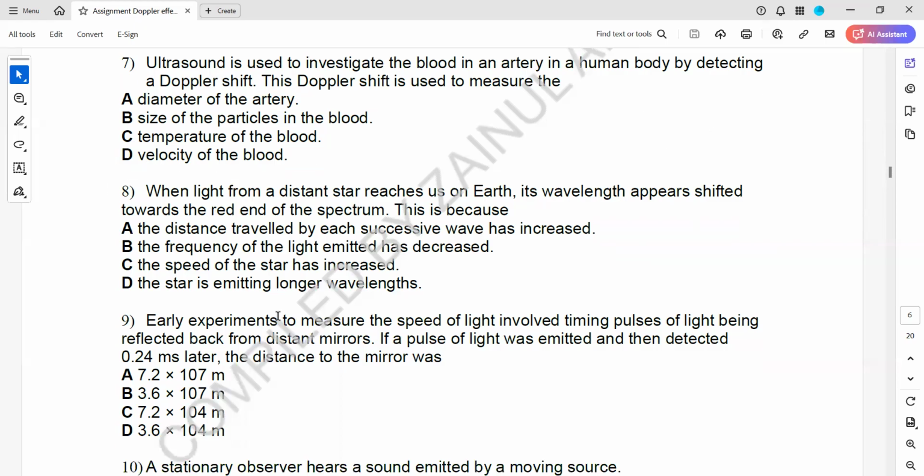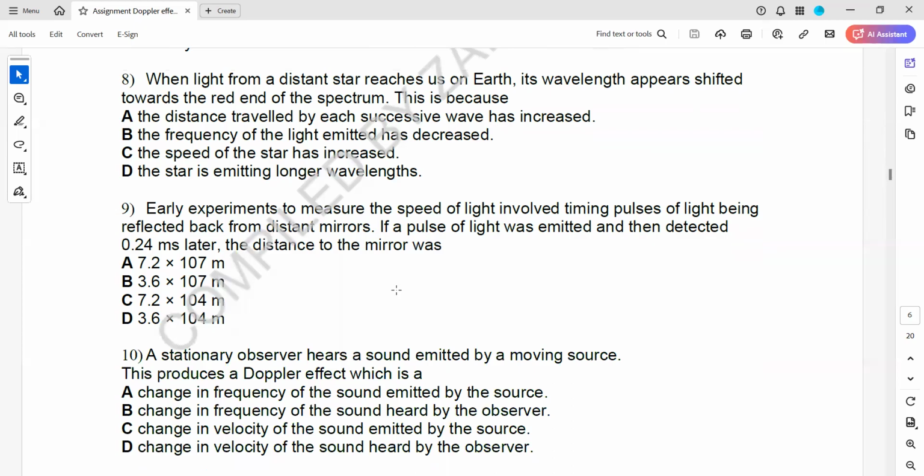Question 8. When light from a distant star reaches us on Earth, its wavelength appears to be shifted towards the red end of the spectrum. This is because why?